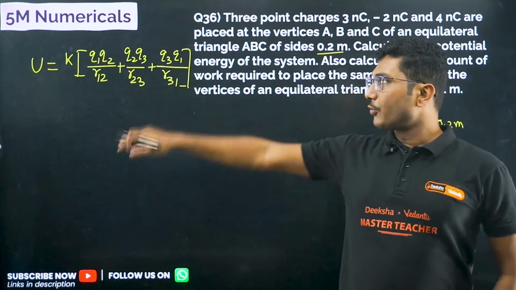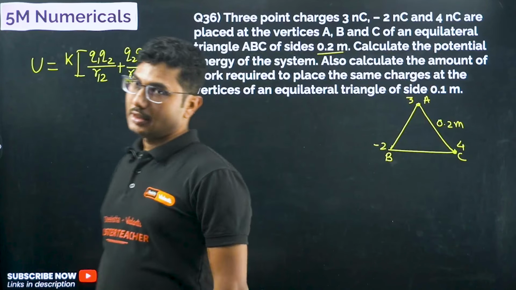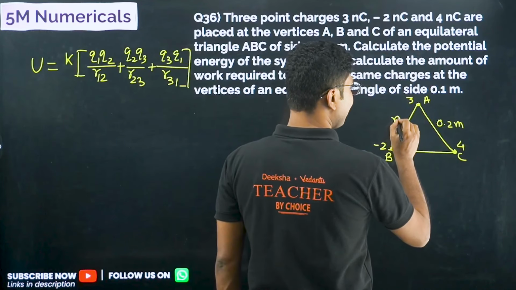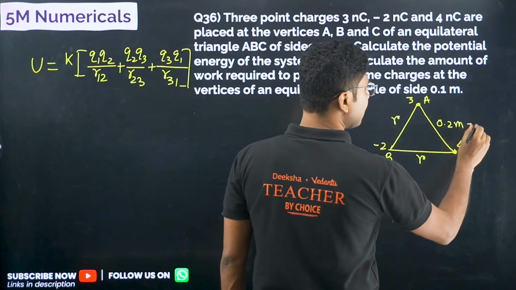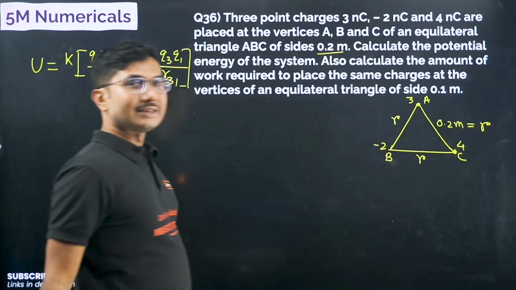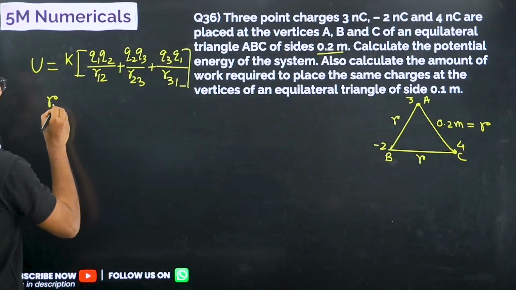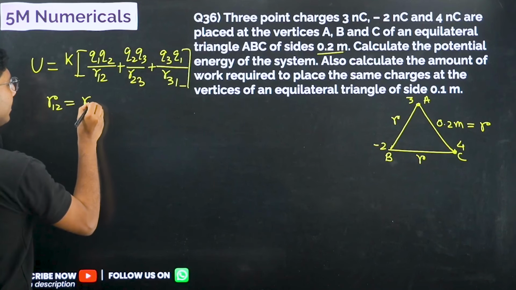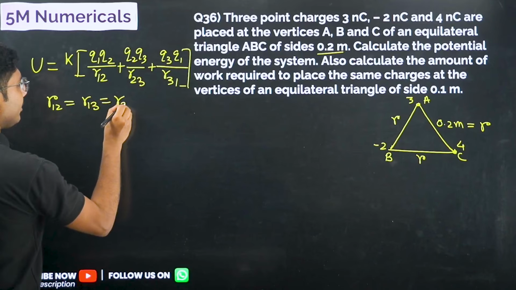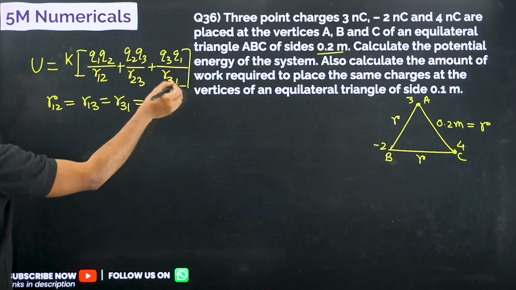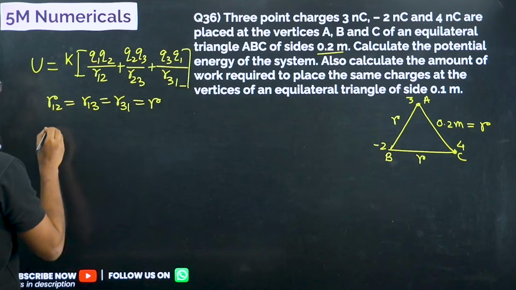Now if you see this, in all cases the distance is the same. This is R, this is R, this is also R. All 3 distances are the same. So for this particular problem R12 equals R23 equals R31 equals R. So 1 upon R from each term will be common.